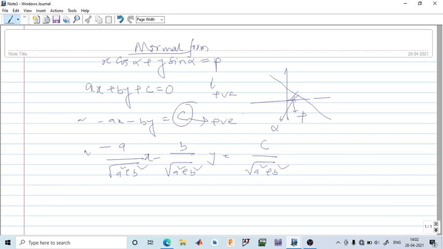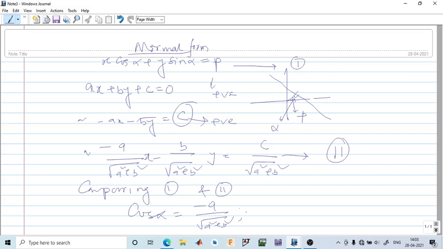So if we compare the 1 and 2, then what we can say, cos alpha is minus a over root a square plus b square, and sin alpha is minus b over root of a square plus b square, and p is c over root a square plus b square.